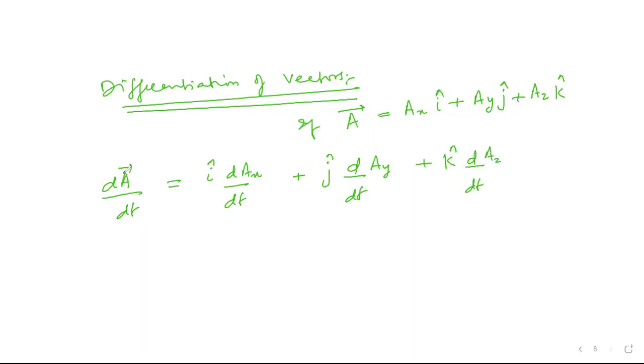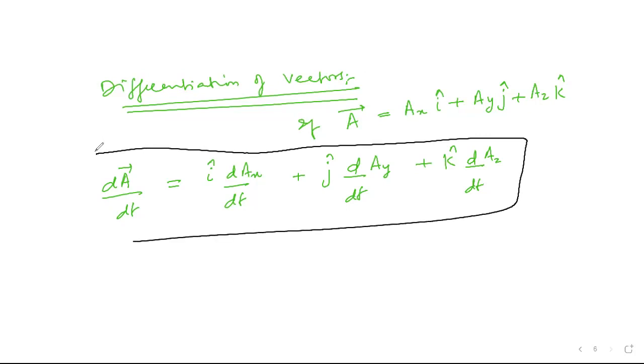t is the time. So you can see the derivative of a vector A means a vector whose components, this one, and this one, are the derivatives of the components. I think I write this in words.